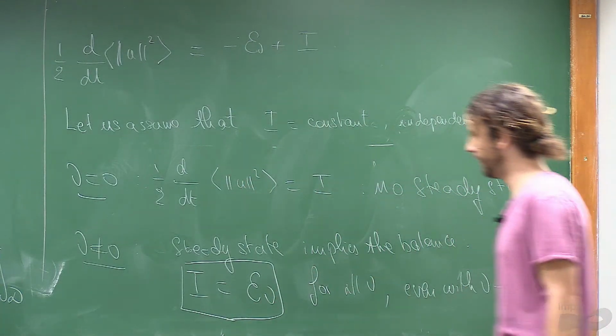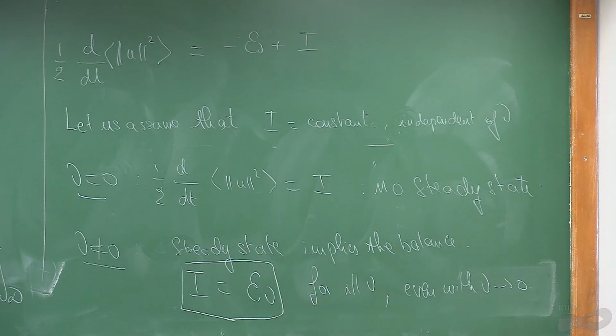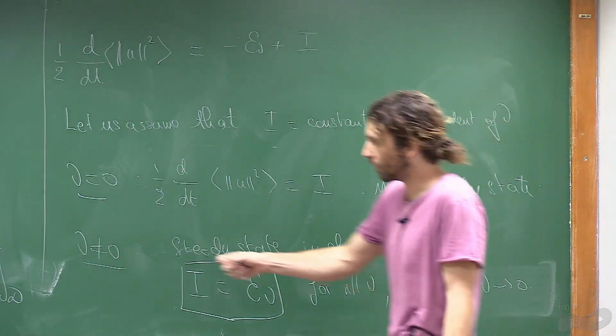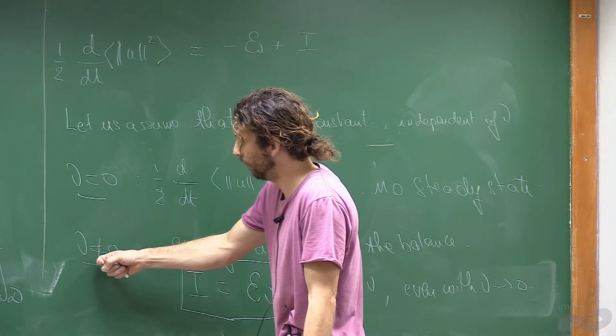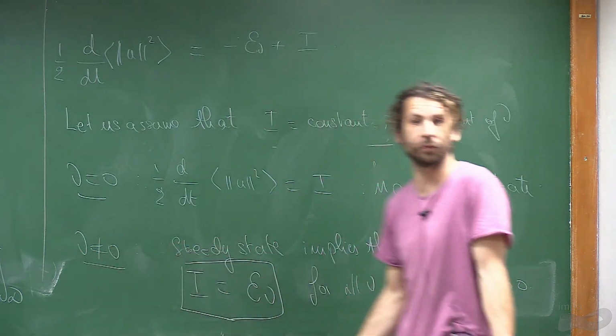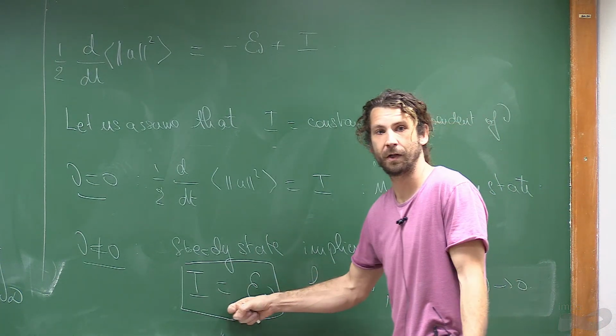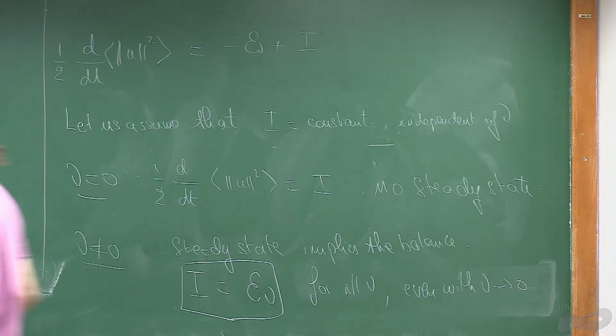Essentially the conjecture is that there exists a steady state for any nu which is not equal to 0, for which this balance is satisfied. And so here we have a problem, or rather an interesting phenomenon happening.